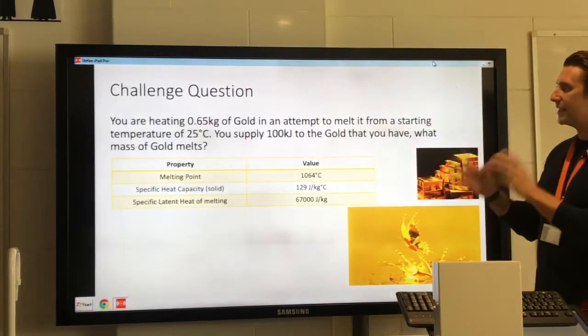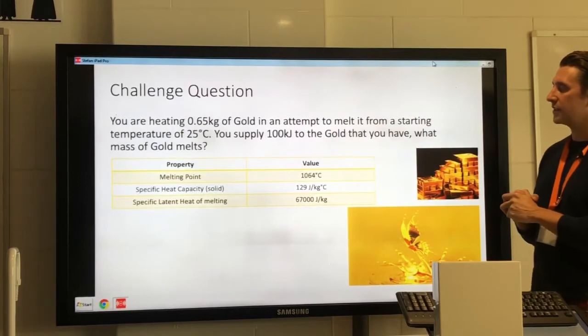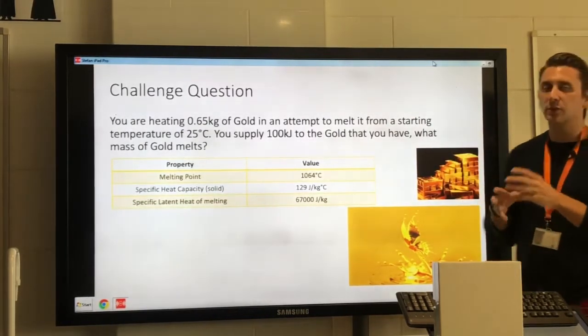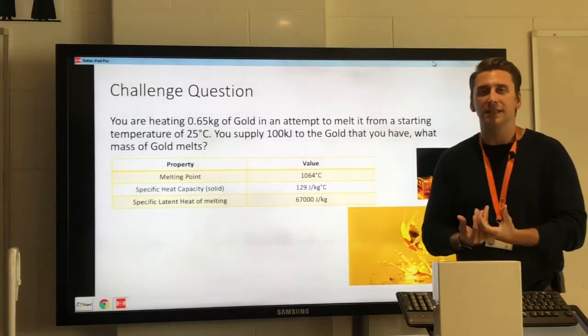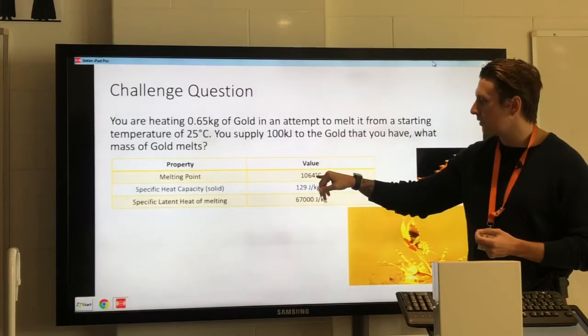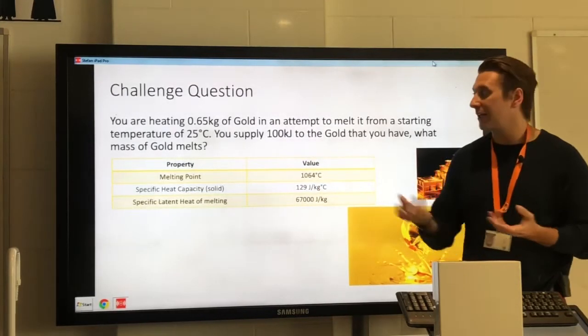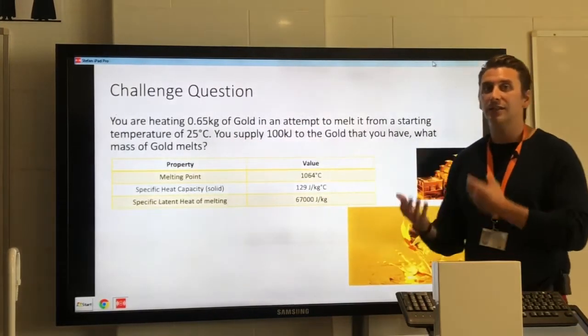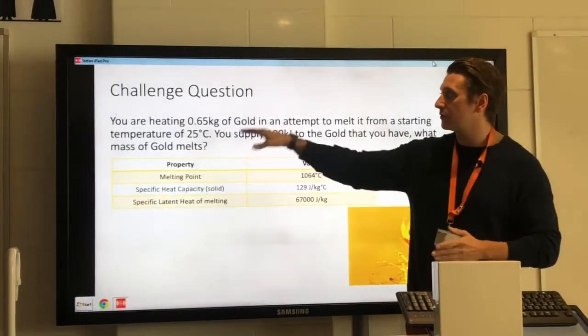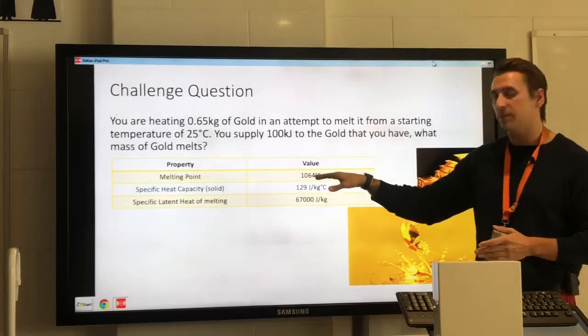Now let's have a look at the question again. So you're heating gold, 0.65 kilograms is the mass, in an attempt to melt it, but you're starting at 25 degrees Celsius. Now if I want to melt it, I have to be at melting point. But it says here that melting point is 1064 degrees Celsius, but I started at 25. So what I need to do initially is find the change in temperature in order to raise the temperature of the gold from 25 to the melting point.